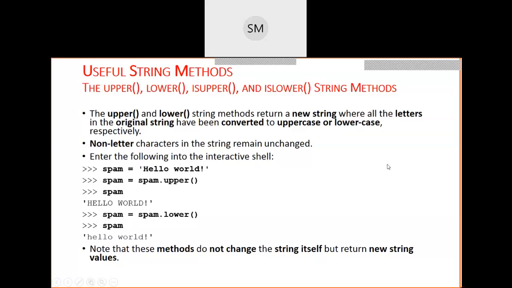So these methods are not making any change to our original string. They return one new string, and that new string we are storing once again in our old variable. If you want to store it in a new variable, you can take a new variable like figs or something else, no problem.